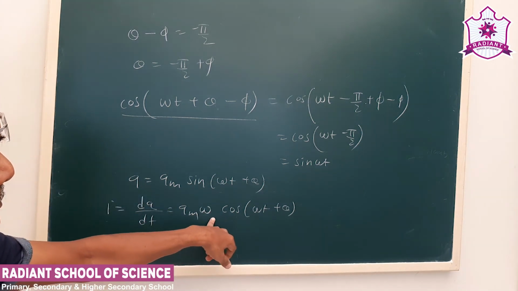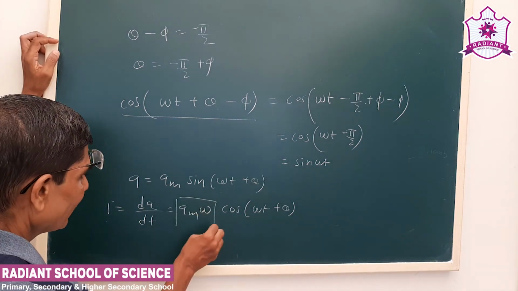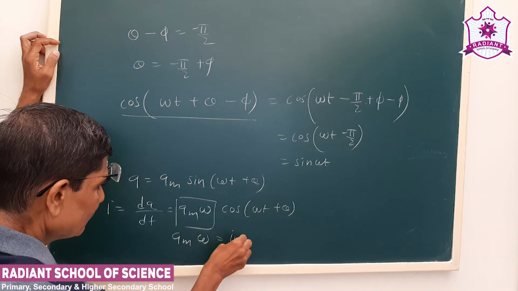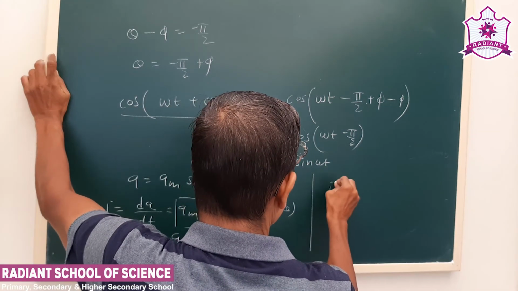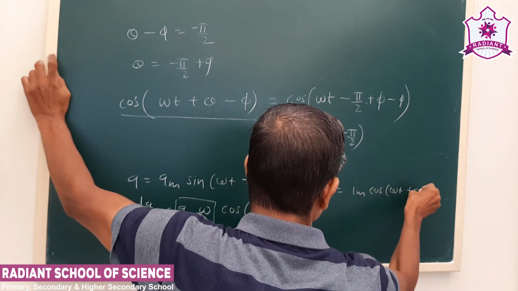So this is how we have obtained the value of current also. Now Qm into omega is Im, that we have derived. So I is equal to Im cos(omega t plus theta).